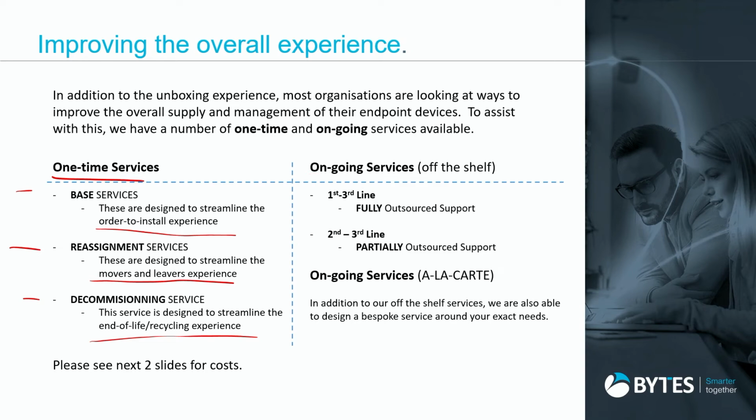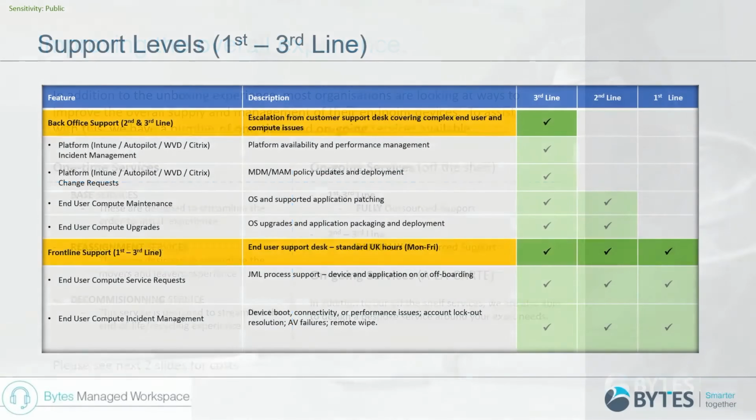And then, of course, the ongoing services, off the shelf, if you will. There are both first and third line and second and third line. First and third line services are fully outsourced support from your organization, while second and third are partially outsourced. And I want to call out this point as well, that in addition to the off-the-shelf services, Bytes also is able to design a bespoke service around your exact needs, so you can tailor the services necessary to your organization.